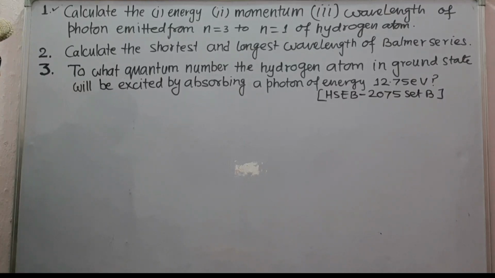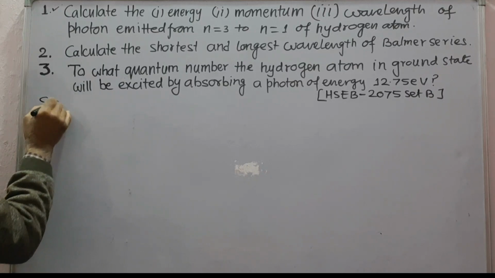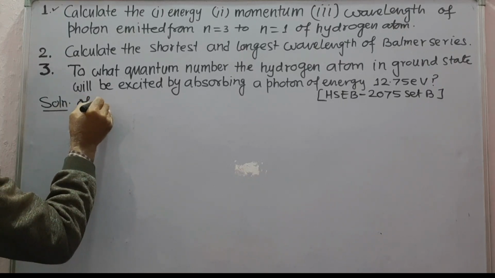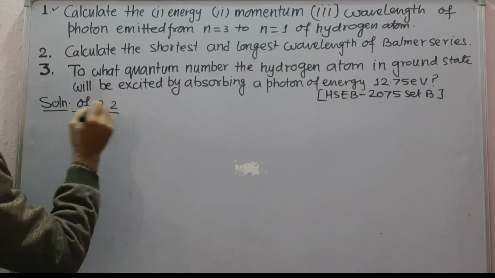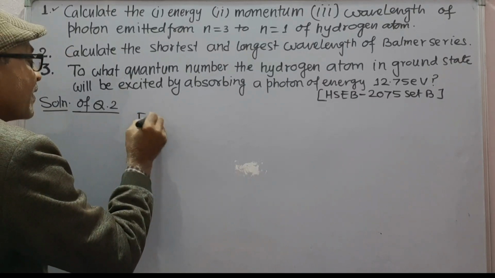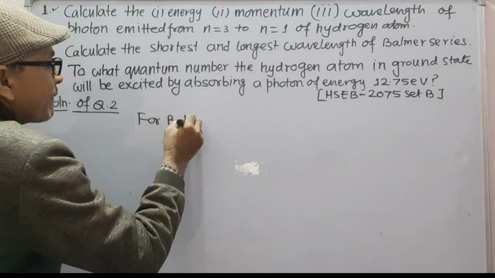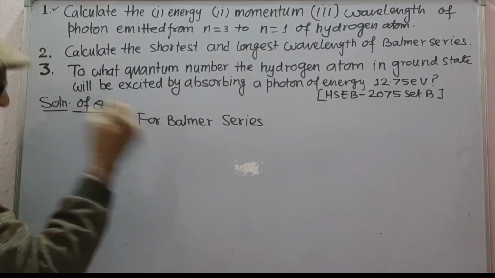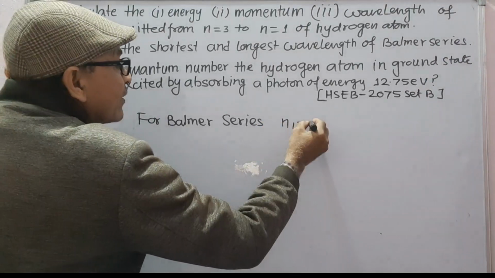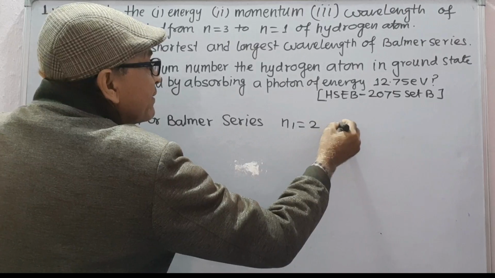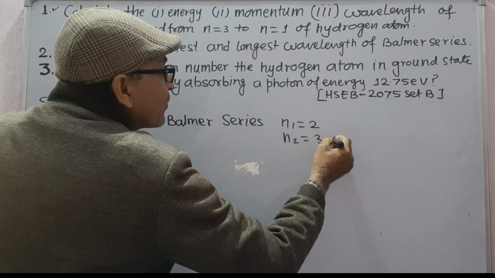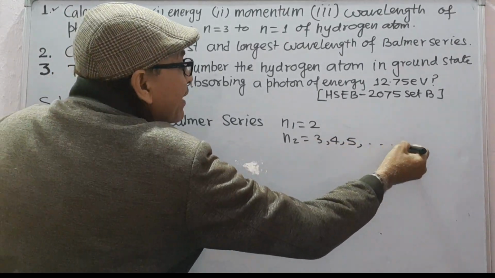Question number 2. Calculate the shortest and longest wavelength of Balmer series. Solution of question 2. For Balmer series, n1 is 2 and n2 is 3, 4, 5 up to infinity.